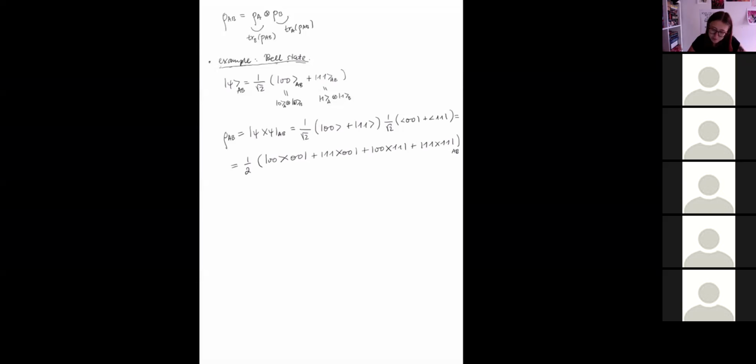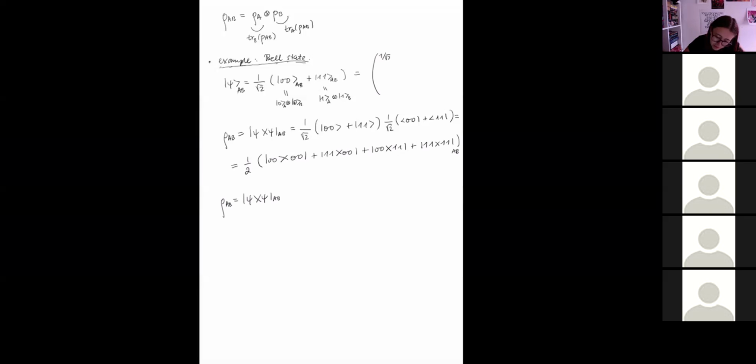Then how do we write this in terms of the vector matrix representation, in the basis 0, 1 for each Hilbert space respectively? So again, we have this state, and in terms of the matrix, we're taking the basis 00, 01, 10, 11.